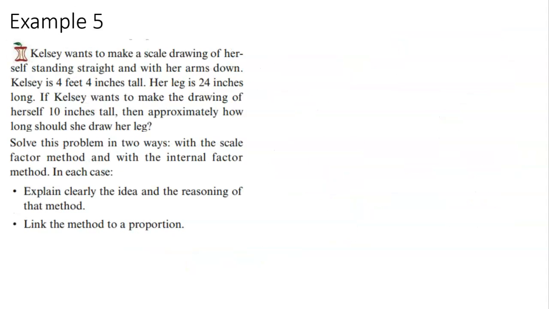Let's do another example. Kelsey wants to make a scaled drawing of herself standing straight with her arms down. Here's Kelsey. She is 4 feet 4 inches tall, and her leg is 24 inches long.